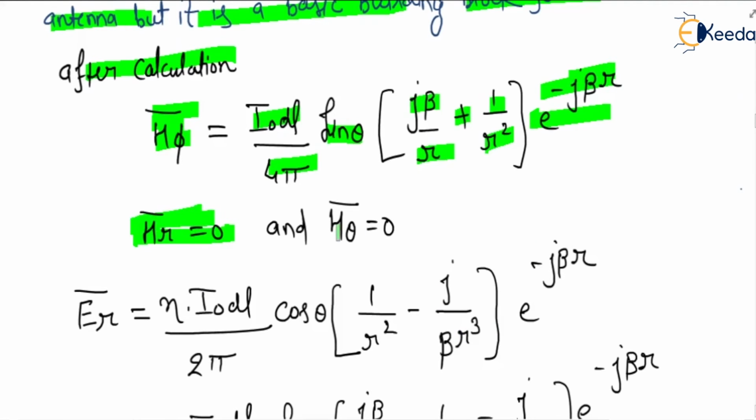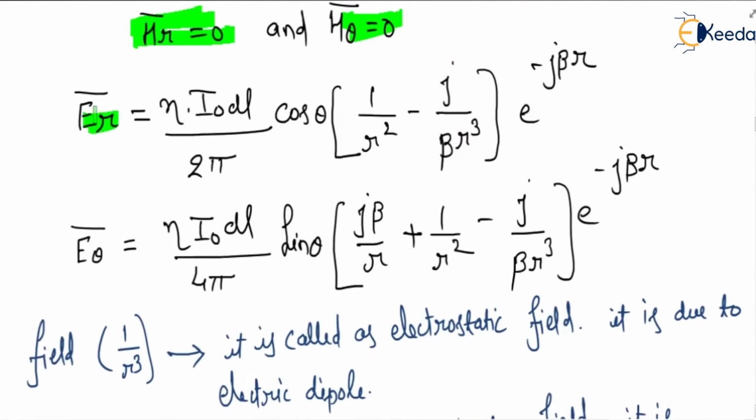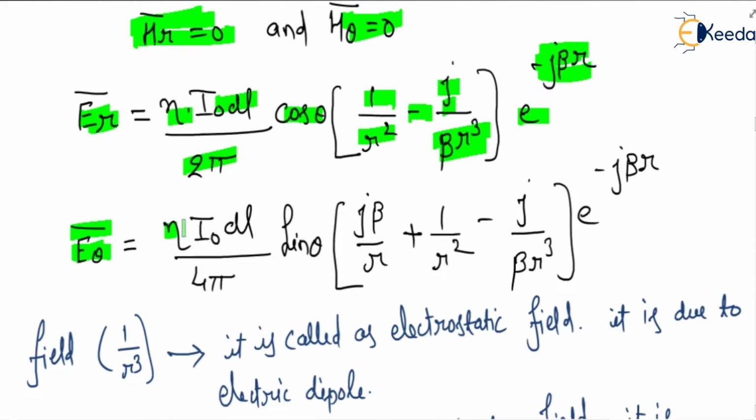H r is 0 and H theta is also 0. We also get E r: eta I naught dl by 2 pi cos theta, 1 by r square minus j by beta r cube, e to the power minus j beta r. And we get E theta: eta I naught dl by 4 pi sin theta, j beta by r plus 1 by r square minus j by beta r cube, e to the power minus j beta r.